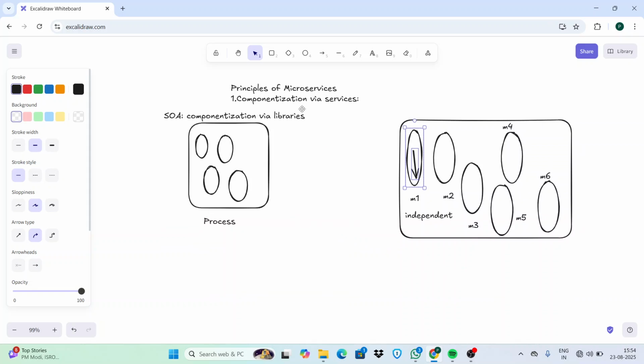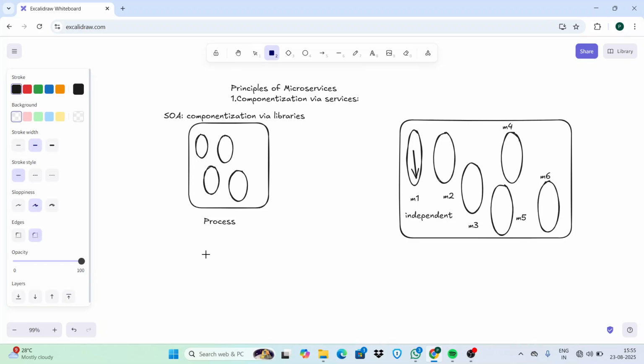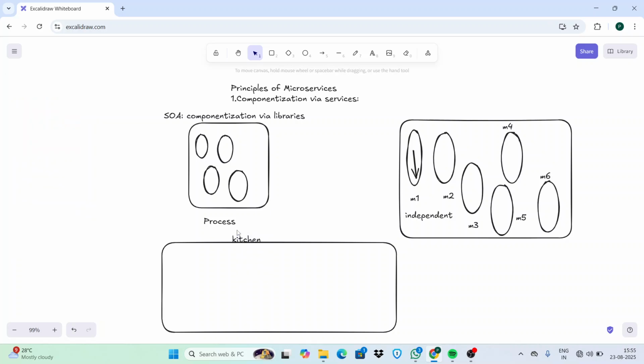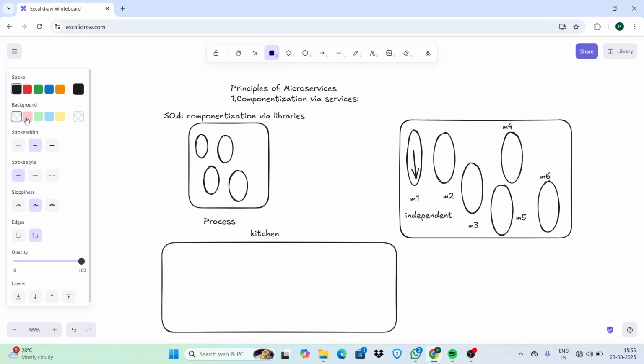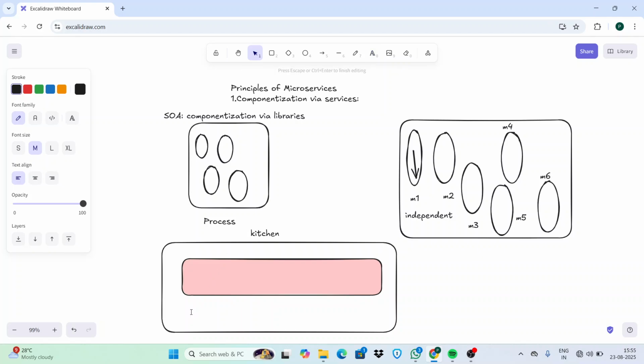Let us consider one example. Imagine there is one big kitchen where everything is cooked: pizza, coffee, and burger.